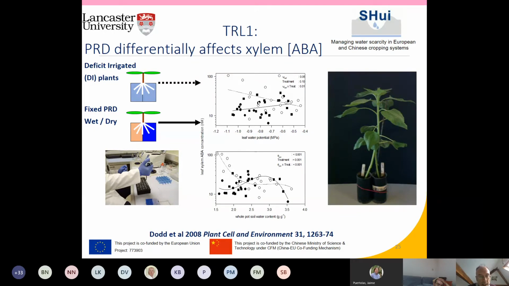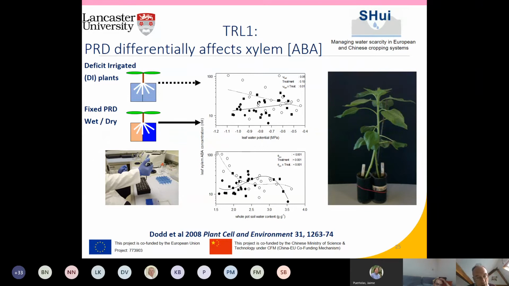And it's this decrease in xylem ABA concentration of the partial root zone drying plants as the soil gets really dry that I think is potentially very important. So early during the drying cycle, you get a stimulation of ABA signaling, and you can imagine this could close the stomata. But then later on, as the dry side gets too dry, you get a restriction of ABA transport from the roots to the shoots.